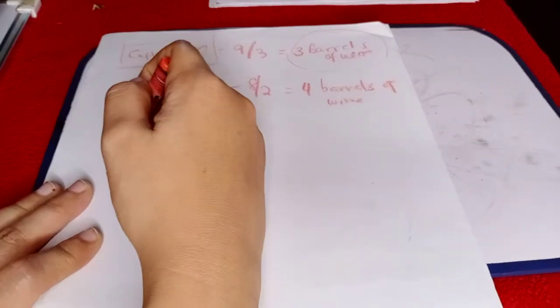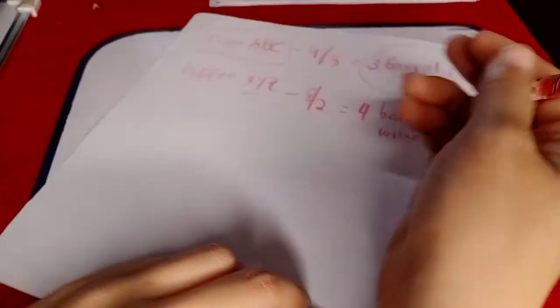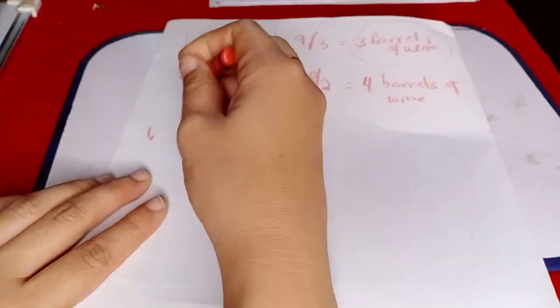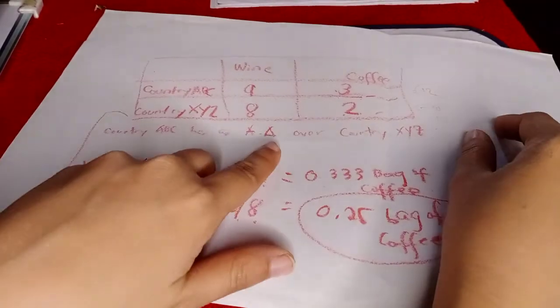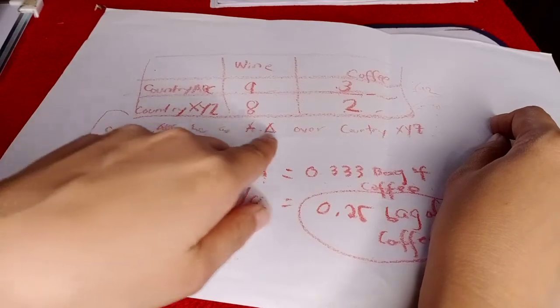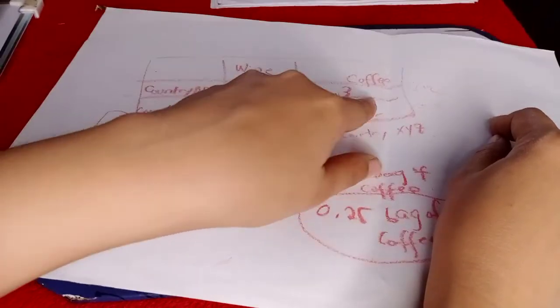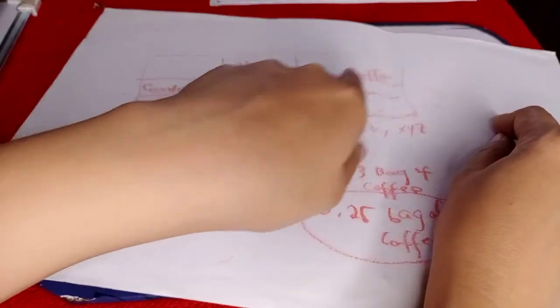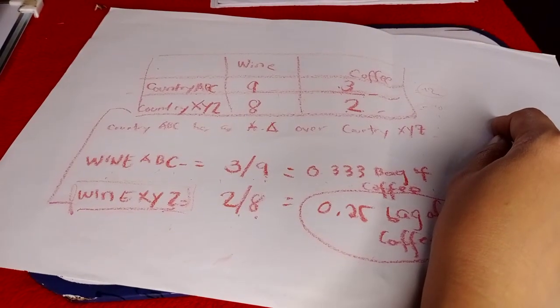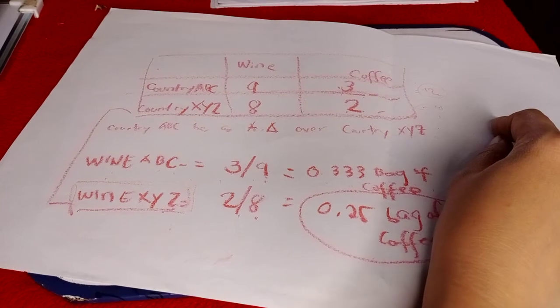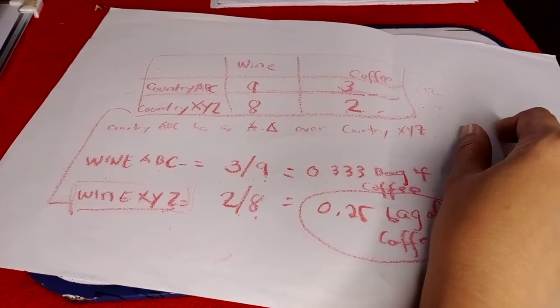Okay? So again, the statement that you are going to write is, at first, the one that has an absolute advantage is the country ABC, because as you can see, they produce more wine and coffee according to our observation.